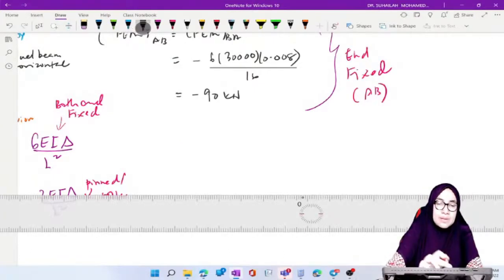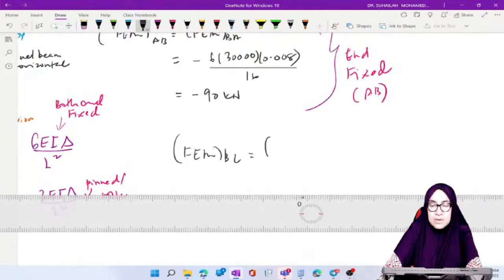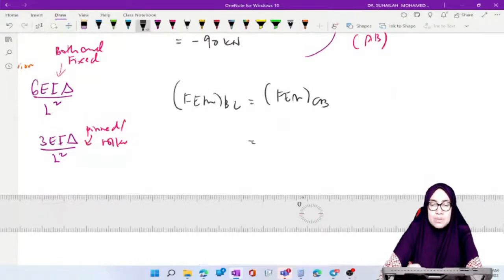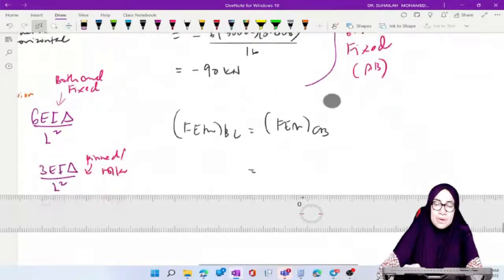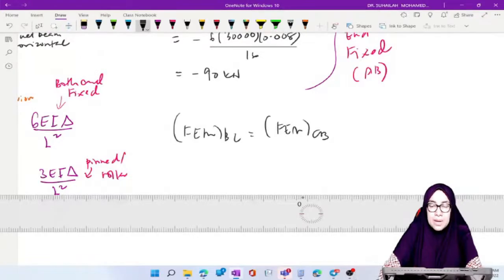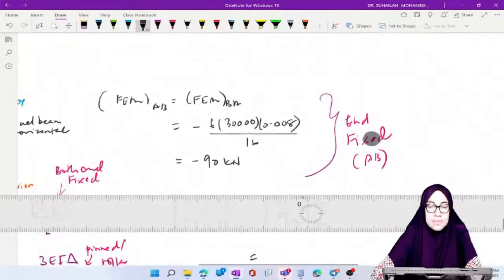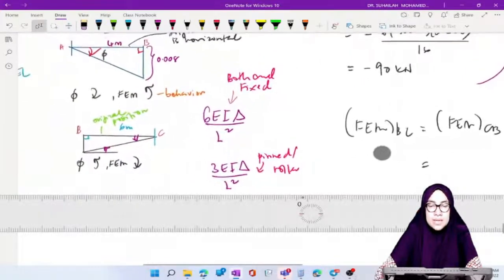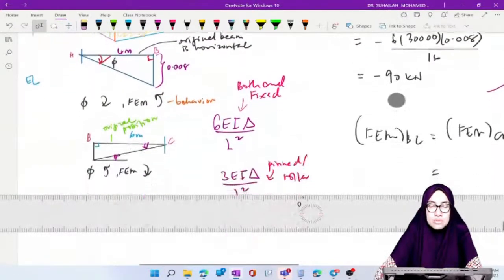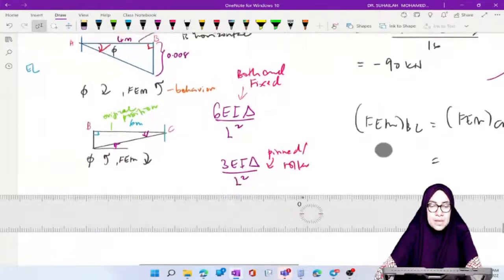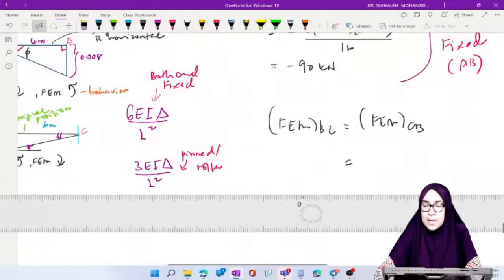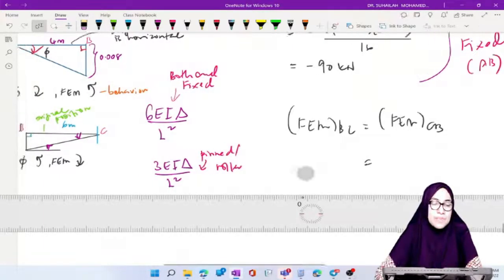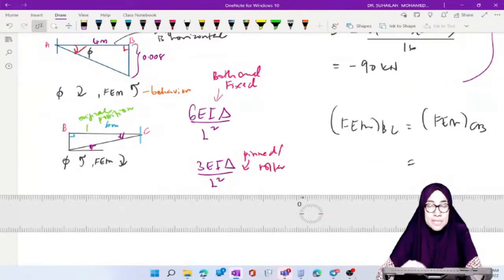FEM for BC is equal to FEM for CB. Looking back at the diagram, we want to mark the delta and the sign for FEM BC and CB.